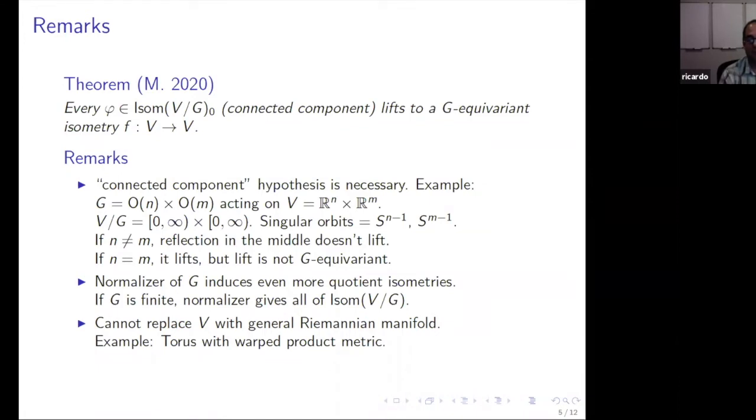If you take a standard torus and then take a warped product metric, you lose one of the S1 factors in the isometry group, but you still have an S1 acting, and the quotient is still a circle. But the isometries of that quotient, the circle, do not lift if the warping function is not constant, okay?